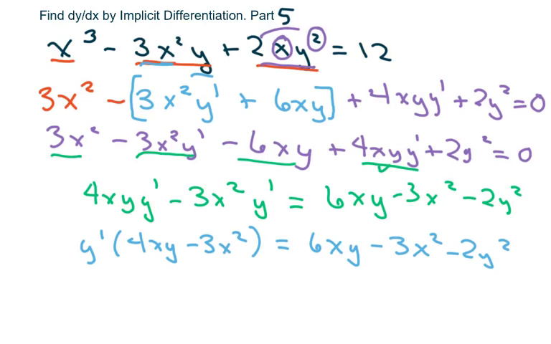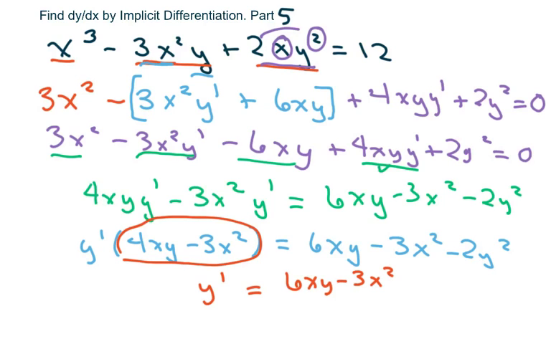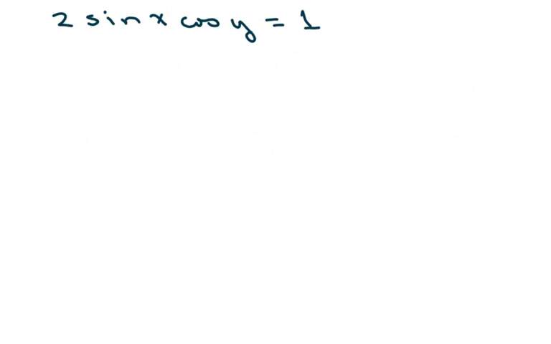And dividing both sides by this, you're going to get the derivative of y equals 6xy minus 3x squared minus 2y squared over 4xy minus 3x squared.